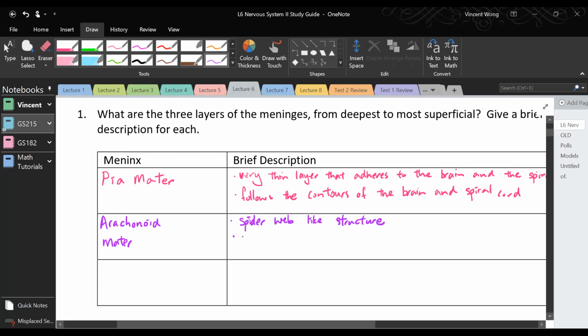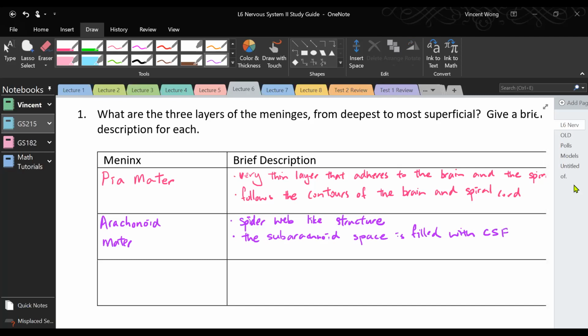Okay, and the space that is in between all these spider web structures, we call that the subarachnoid space. The subarachnoid space is filled with cerebrospinal fluid, or CSF, which is kind of the fluid that does a lot of stuff.